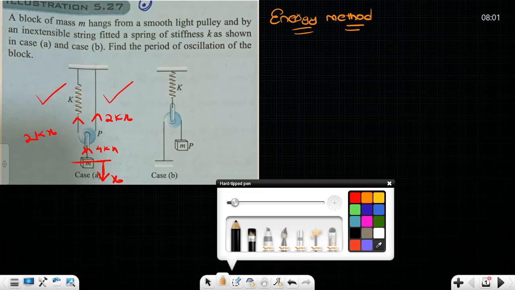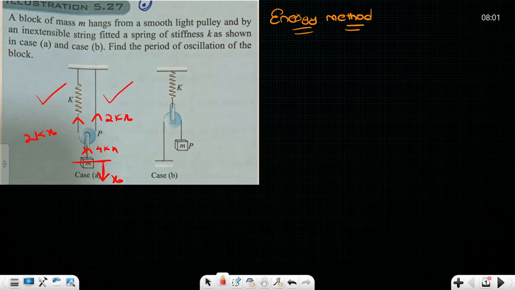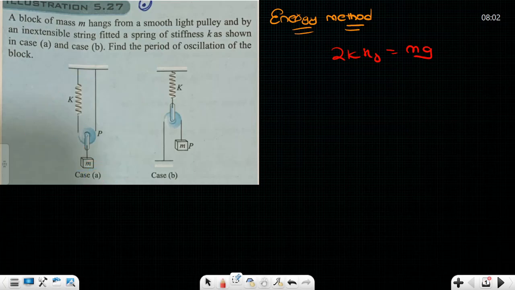Energy method, how to do this, sir? Very simple. In the starting of this question, I have written one thing, that 2k x naught is equal to mg, right? So from where this 2k x naught is coming, sir? In the initial state, when right now the diagram what they are showing is an equilibrium position, means you are not disturbing the system.